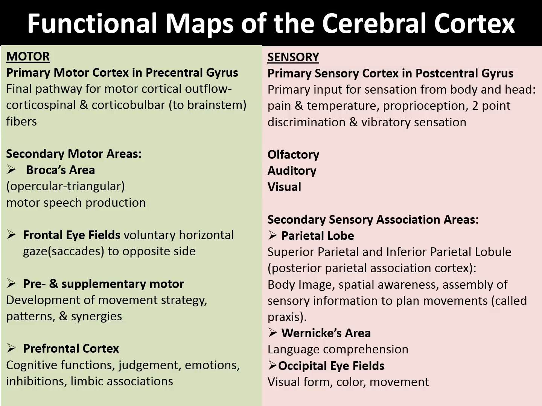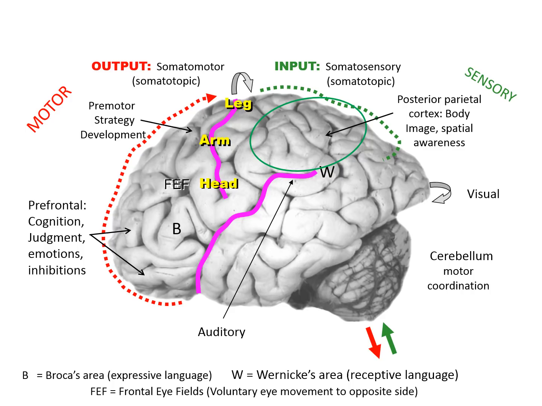Secondary sensory areas are primarily located in superior parietal and inferior parietal lobules, and they're involved in body image, spatial awareness, and position of limbs in space. Wernicke's area is involved in language comprehension and corresponds to language production in Broca's area. And then the occipital eye fields are involved in form, vision, color, and movement, and feed into the frontal eye fields in the frontal lobe in order to initiate eye movement.